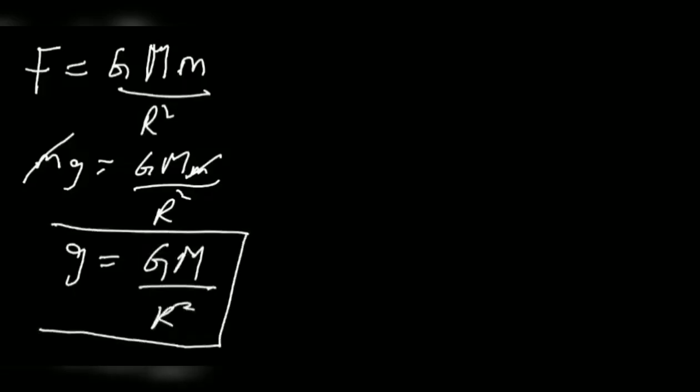Now note this formula. It has to do with the relationship between g and capital G. Remember, this small g is the acceleration due to gravity, while this capital G is the gravitational constant. So this is the relationship between them. M is the mass of the earth, while this r is the distance between the object and the earth.